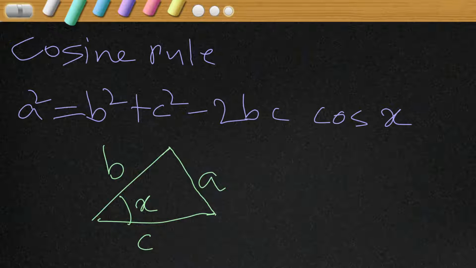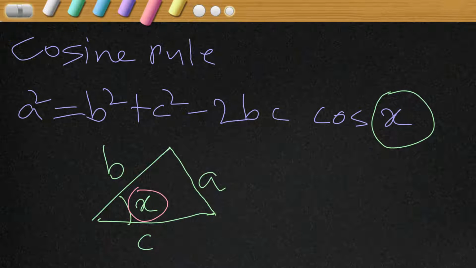Now, doesn't this look familiar? Yes, it does. The chosen angle, which is x over here, can be any chosen angle, but what matters is that a will be absolutely opposite to the chosen angle. Same case with Pythagoras theorem.